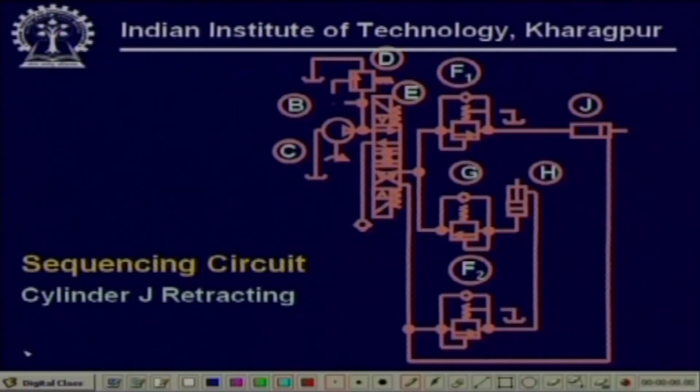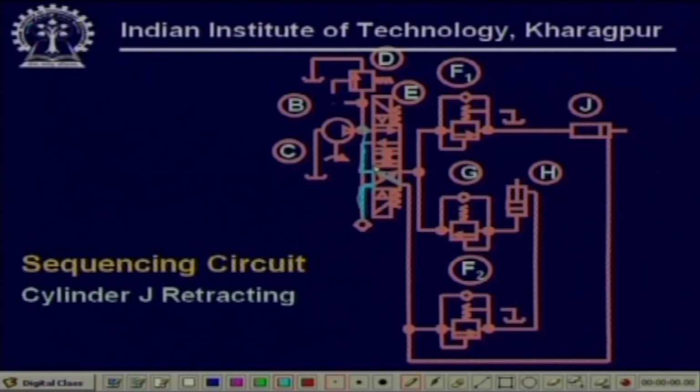Cylinder J retracting. Next, what happens is now you have moved the solenoid. Actually this is wrong. This should be connected to this point, and this pump should be connected to this point.